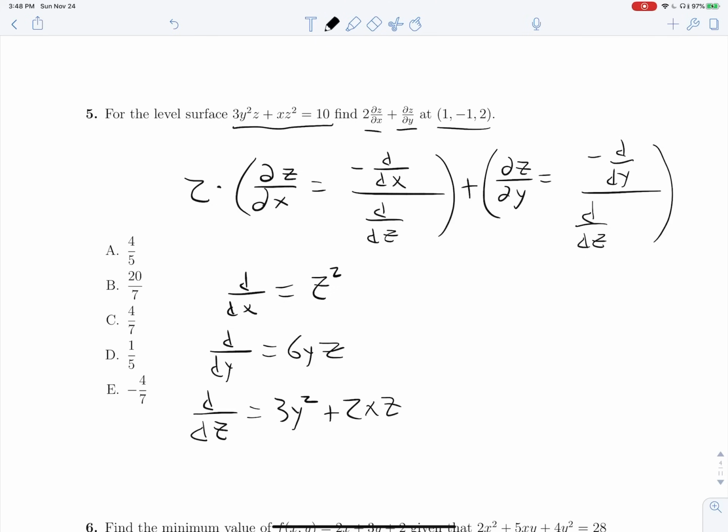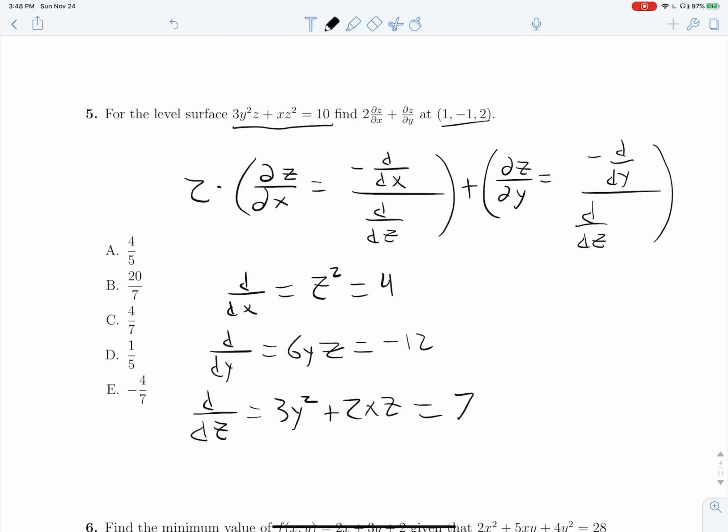And now we can evaluate these at 1, negative 1, 2, and we'll get some easier numbers to work with. Z squared is going to be 4. 6yz is going to be negative 12. And 3y squared is going to be 3 plus 2xz is going to be 4, so this will be 7.